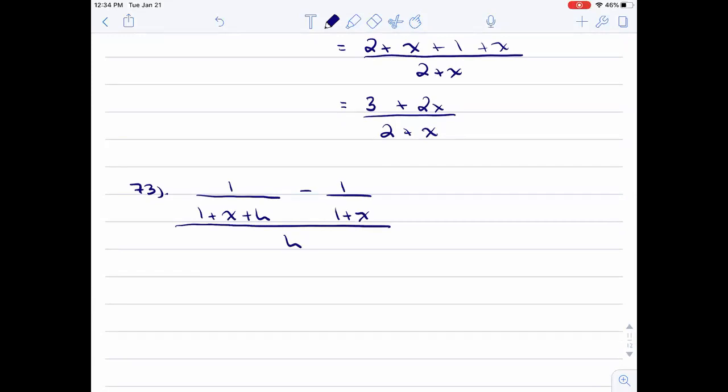So I'll give you guys a couple of minutes to try it on your own, because as it says, these are things that will come up in calculus and any higher level math that you do.